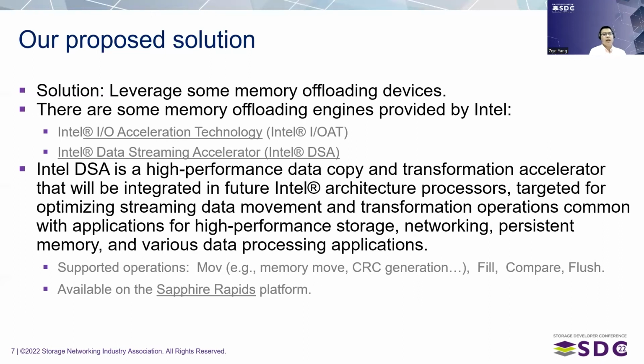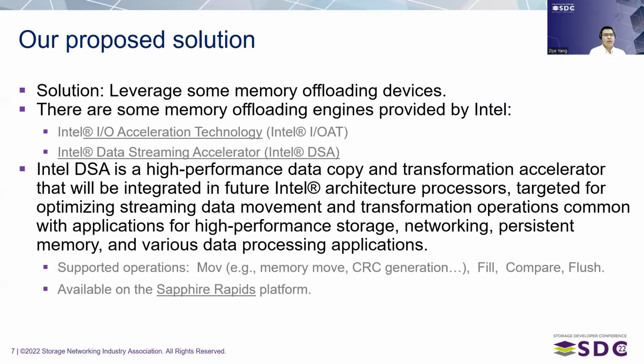Intel DSA is a high-performance data copy and transformation accelerator that can be integrated in future Intel architecture processors, targeted for optimizing streaming data movement and transformation operations, common with operations for high-performance storage, networking, persistent memory, and various data processing applications.